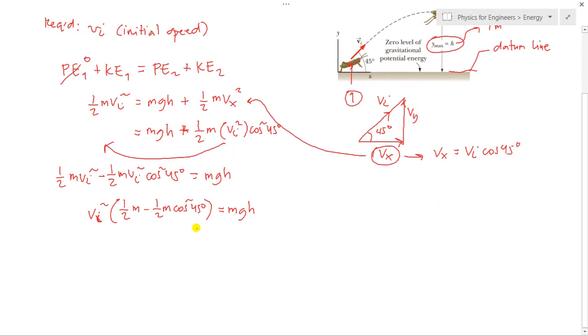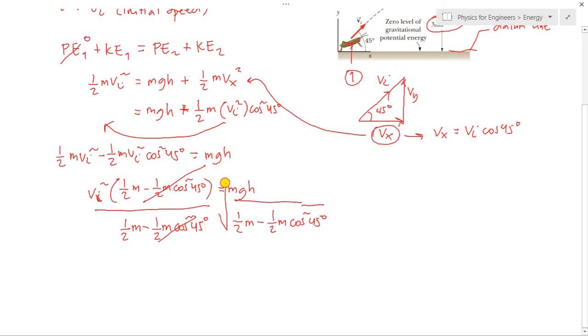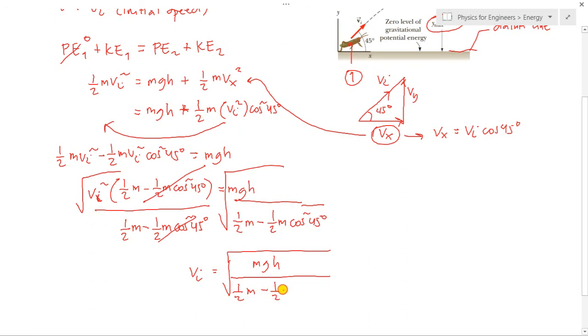Then we can divide both sides so only vi is left, and take the square root on both sides. So vi is equal to the square root of mgh all over 1/2 m minus 1/2 m cosine squared 45 degrees.